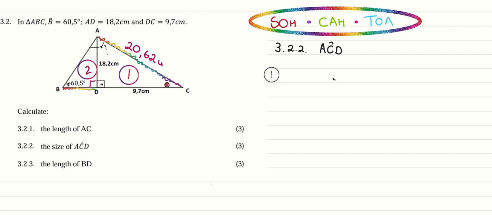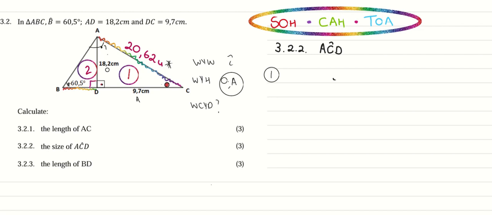So at the start they gave us the opposite and the adjacent, right? So what you want is angle C. What you have is the opposite, the adjacent, and the hypotenuse. But I would say, just in case your hypotenuse is wrong, use the ones that they gave you, which is the opposite and the adjacent. So now what can you use? You need to use tangent.